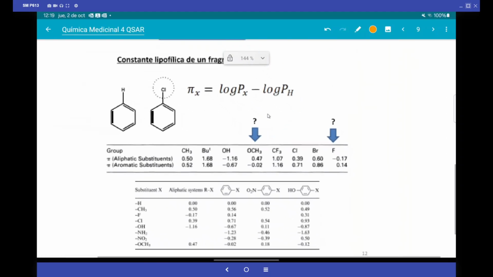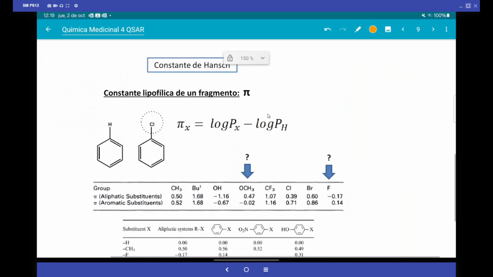Well, in the same way that Hammett raised sigma, Hansch now defines pi. What is the value of pi? It is the lipophilic constant of a fragment. We can calculate the lipophilicity of the entire molecule, but what was the contribution of Hansch? Why not calculate the lipophilicity of a fragment only?